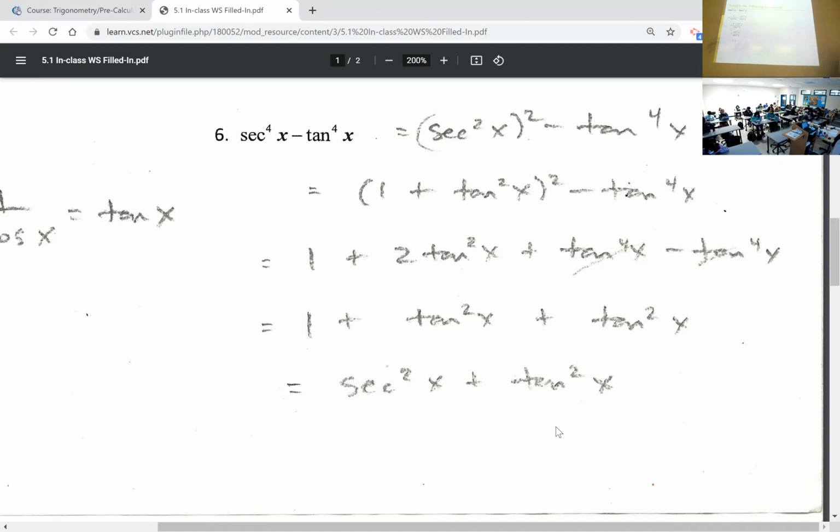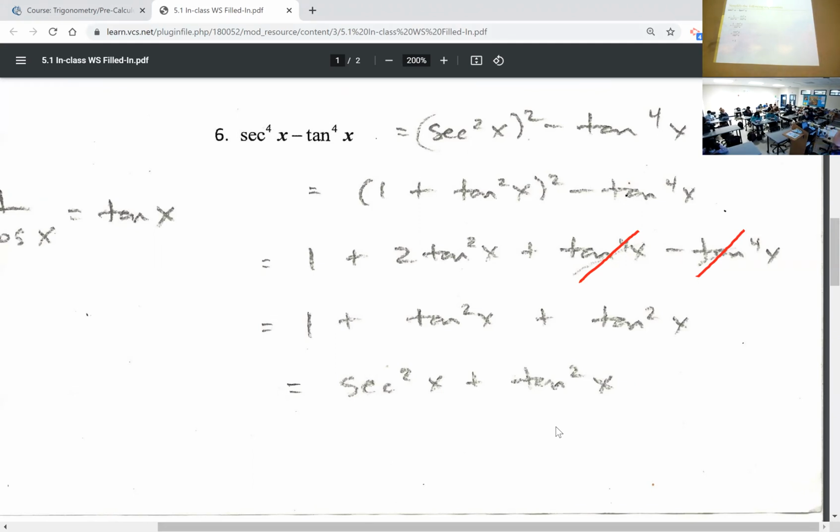And now I have 1 plus 2 times tangent squared x, just foiling this thing out, plus tangent to the 4th x minus tangent to the 4th x. So these two cancel each other out. And I'm left with 1 plus 2 tangent squared x.